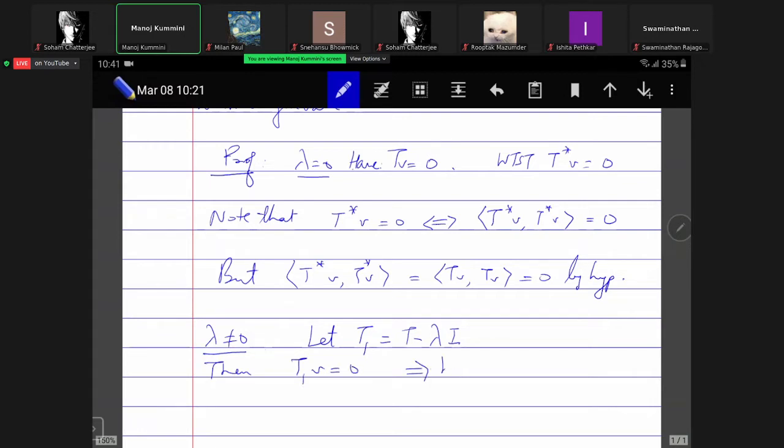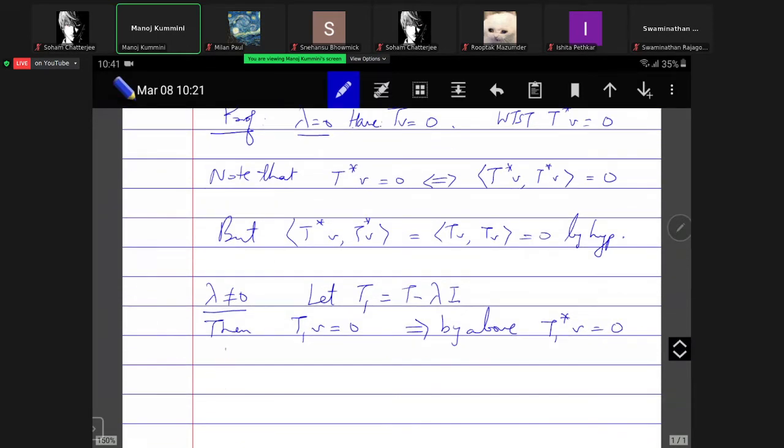Okay, this implies by the above that T1 star v is 0, but T1 star is T star minus lambda bar I. Okay.